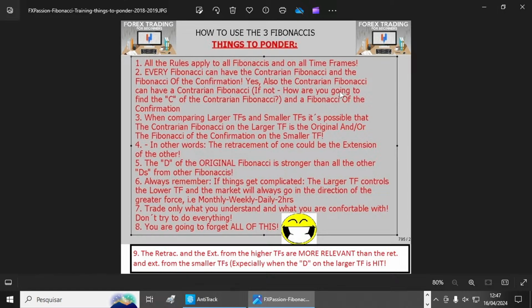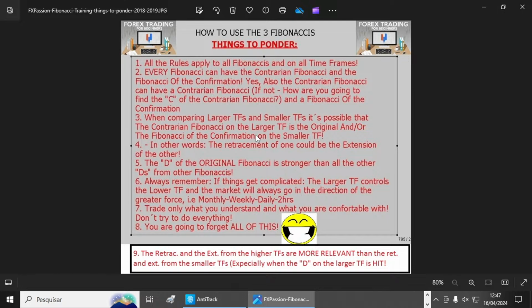If not, how are you going to find the capital C or the confirmed C on the contrarian Fibonacci and the Fibonacci of the confirmation? Number 3, when comparing larger time frames and smaller time frames, it's possible that the contrarian Fibonacci on the larger time frame is the original and or the Fibonacci of the confirmation on the smaller time frame.